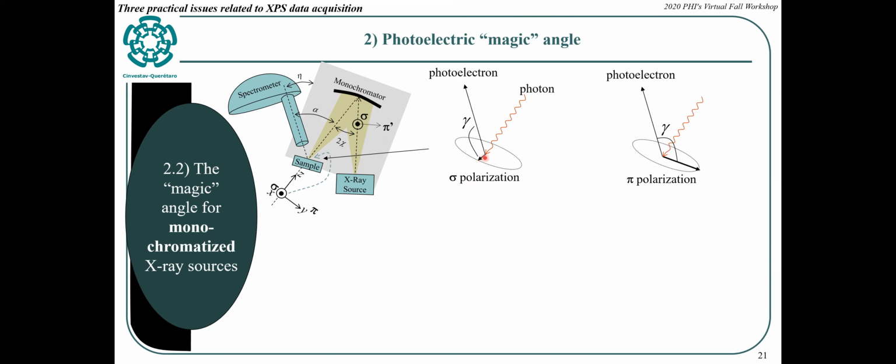One is called the sigma polarization, in which the electric field is perpendicular to this plane. That means it is parallel to the monochromator crystal, the quartz crystal. The other polarization is called pi, the perpendicular one. So pi here is perpendicular to sigma.